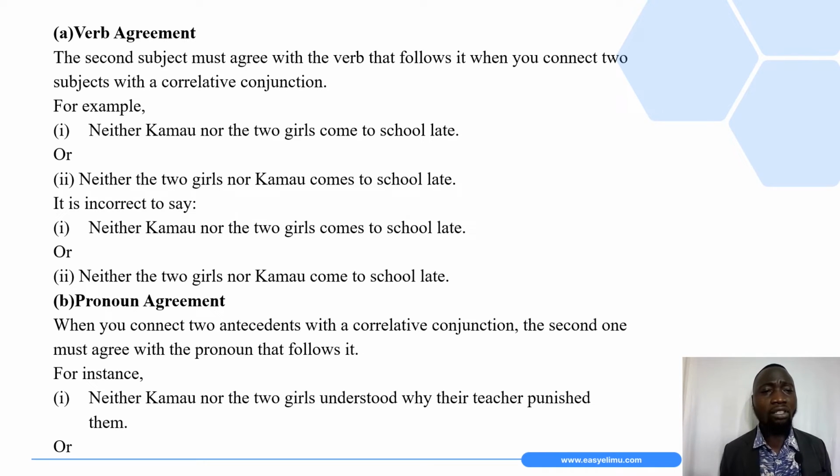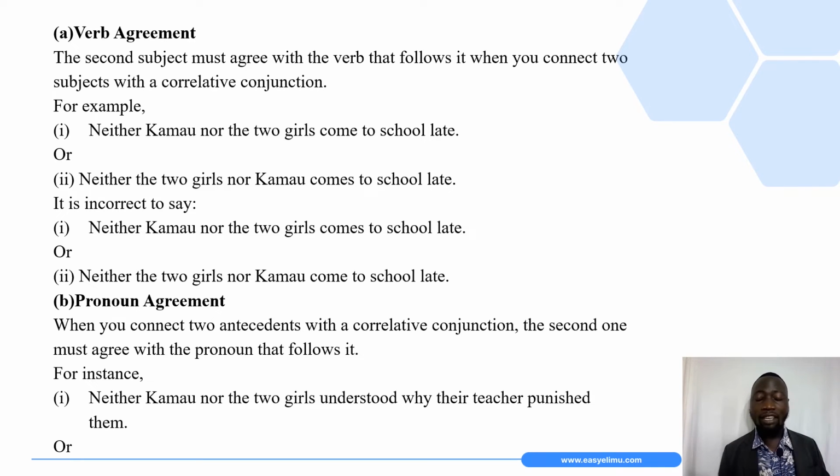So when you talk about the verb agreement, or sometimes it is called the subject verb agreement, you must ensure that if the subject is in singular, then the verb following the subject is also in singular form. And again, if the subject used is in plural, then the verb that follows the subject must also be in plural form.